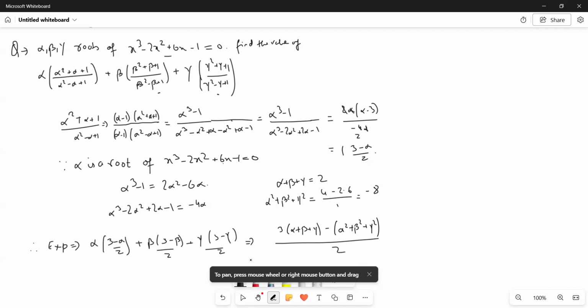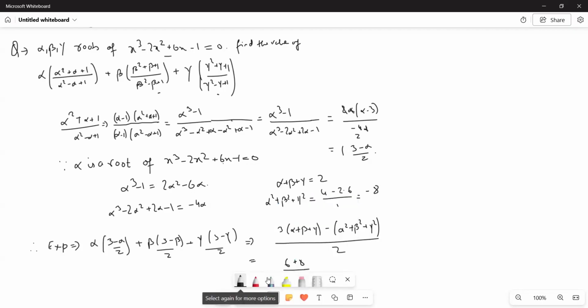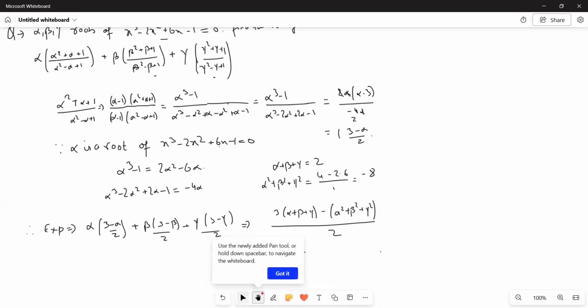So this would be now 6 plus 8 by 2. 7 will come. Is that okay with this?